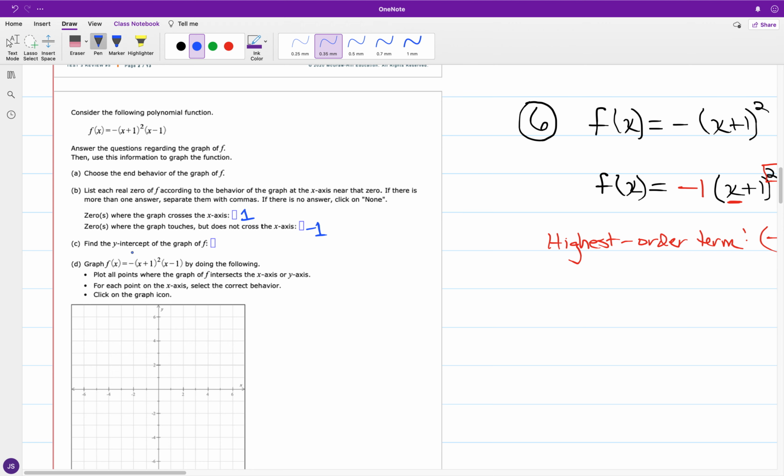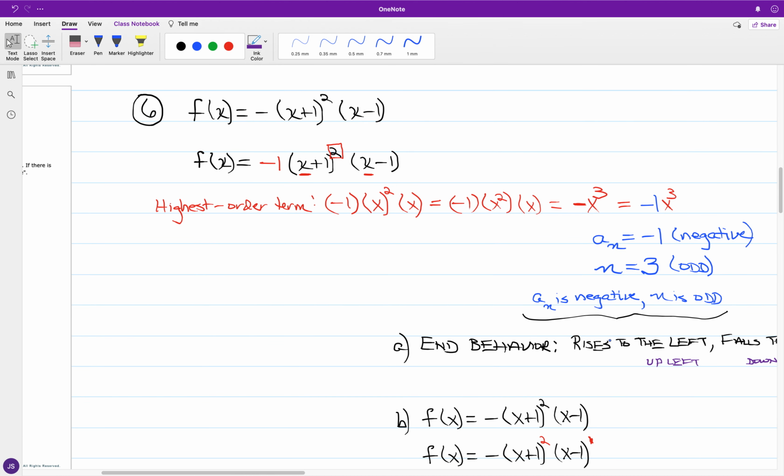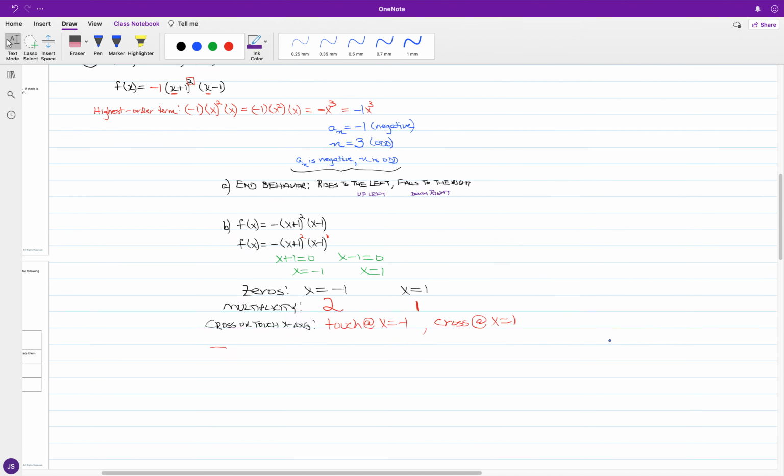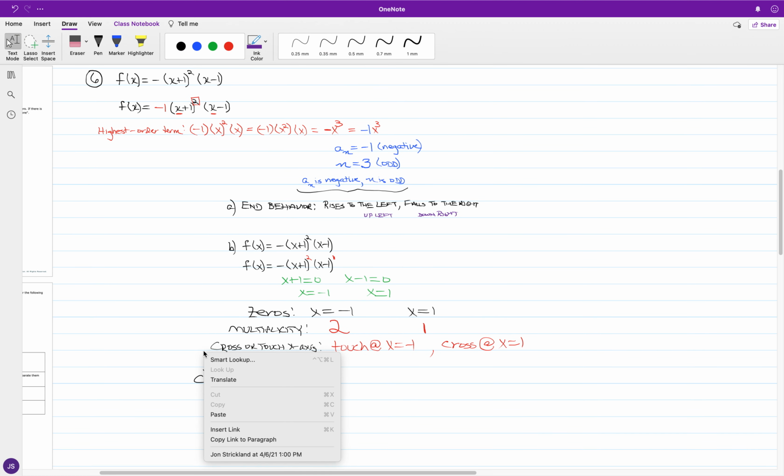Now for the y-intercept of the graph, you're looking at what y is going to be whenever x is set to 0.